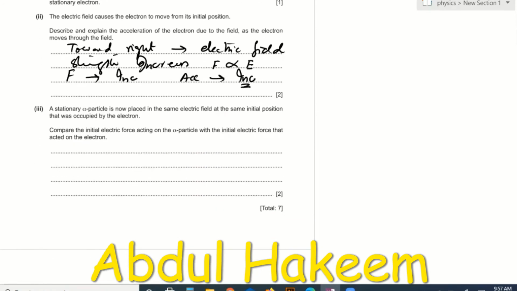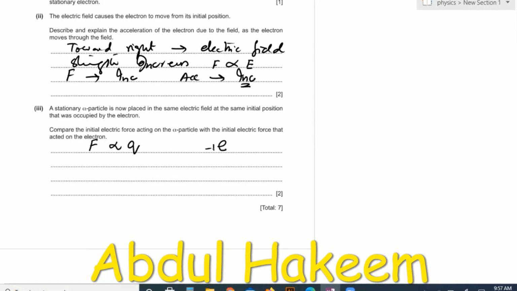And the next is, a stationary alpha particle is now placed in the same electric field at the same initial position that was occupied by the electron. Compare the initial electric force on the alpha particle with the initial electric force on the electron. Look, force depends on the charge.